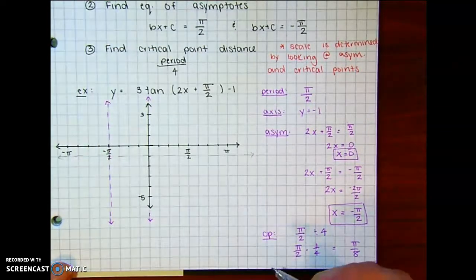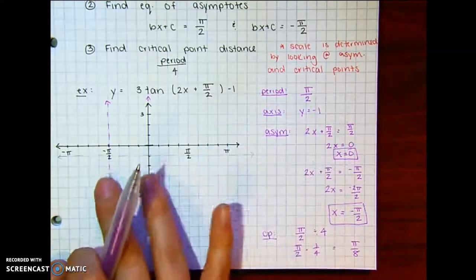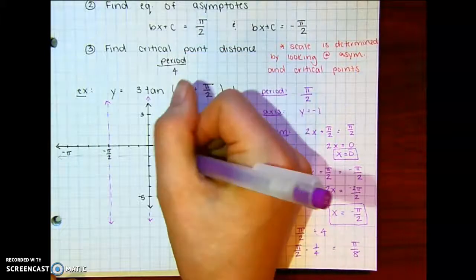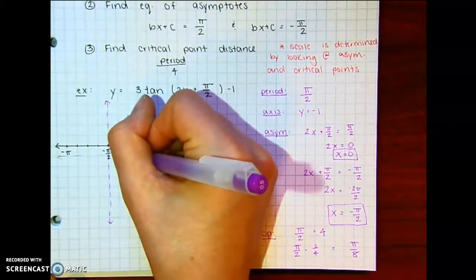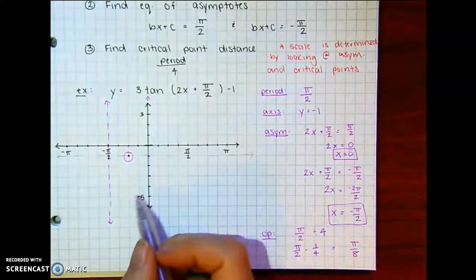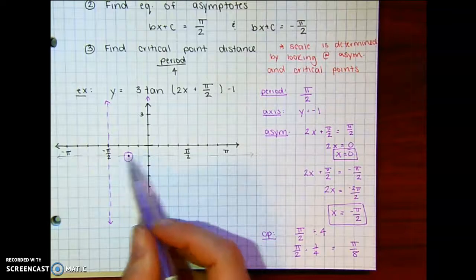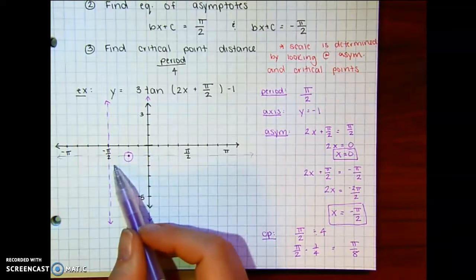Okay. Now, our first key point is our phase shift, which is, remember, halfway in between your parent asymptotes. So that's going to be at negative pi over 4, comma negative 1. Then you also could have done bx plus c equals 0, and you also would have gotten negative pi over 4. Okay, so now there are 2 more points that we need to plot here.